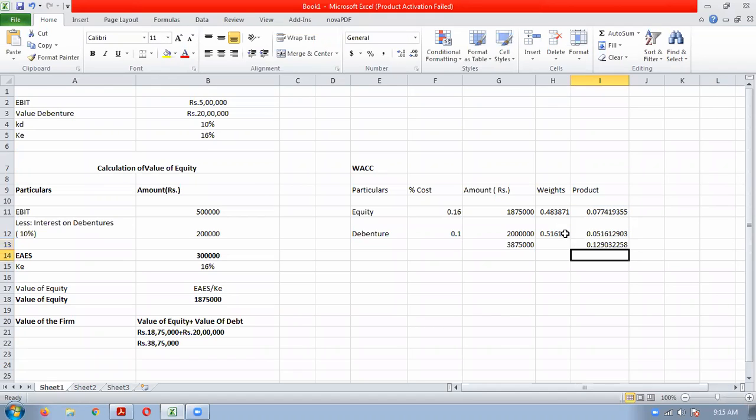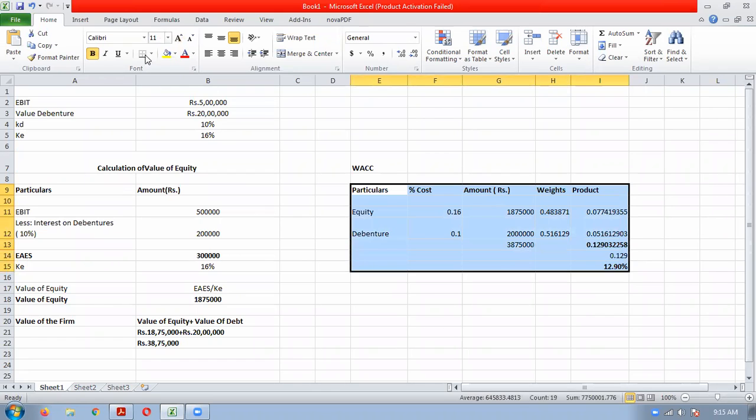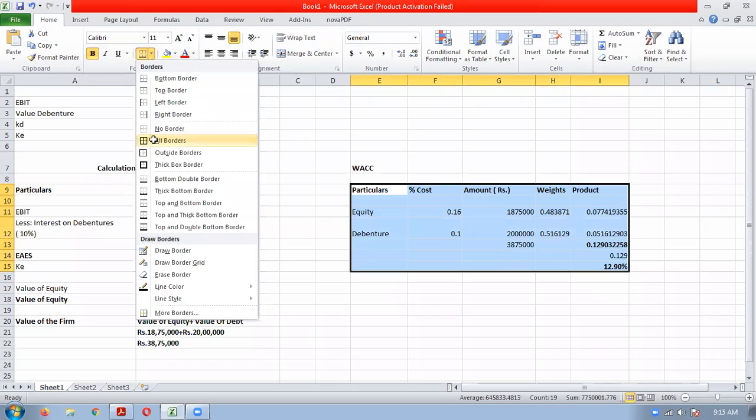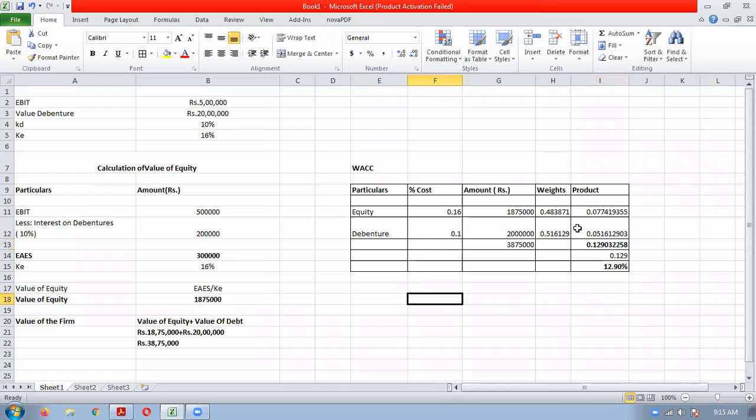So weighted average cost of capital will be 0.1290, means 12.9%, or you can call it 13% approximately. Understood this much, everybody?